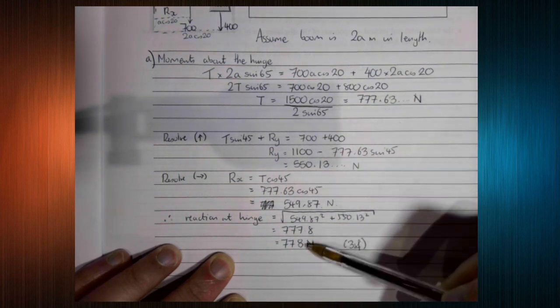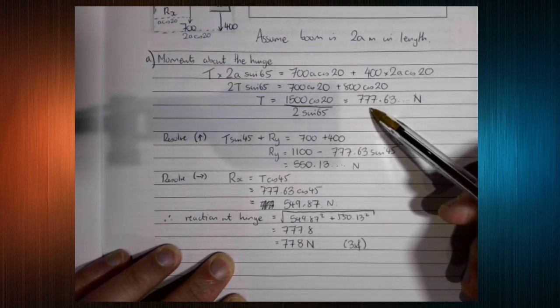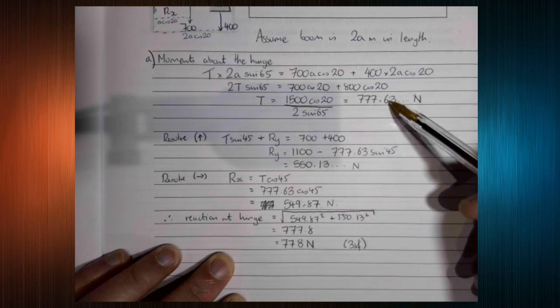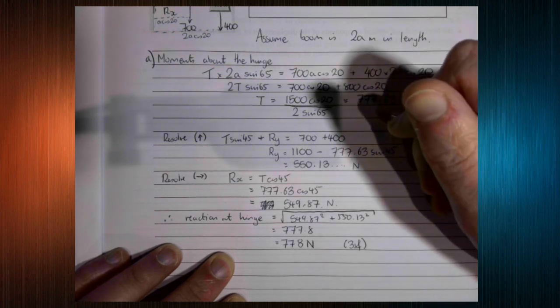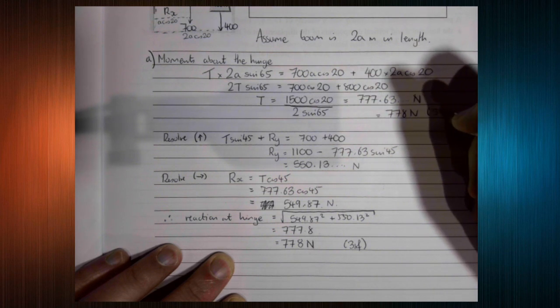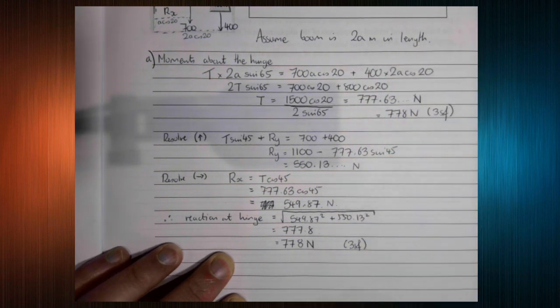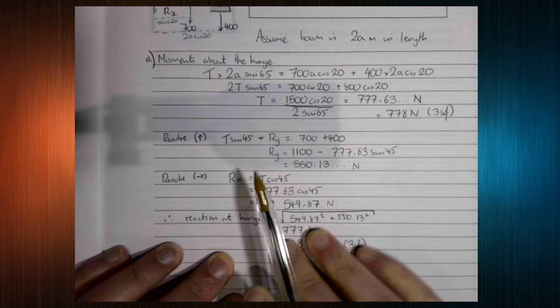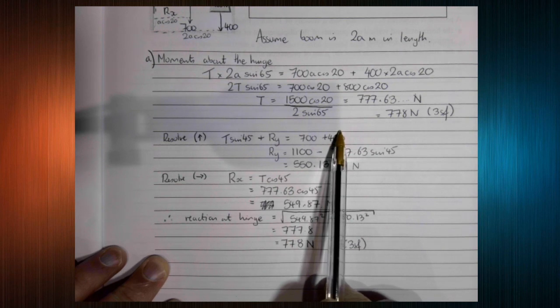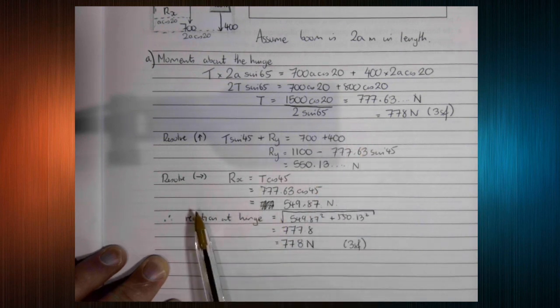So very similar, but slightly different, which is interesting. I should probably give that to three significant figures as well. So that's all the calculations for part A. We've got the tension and the reaction of the hinge.